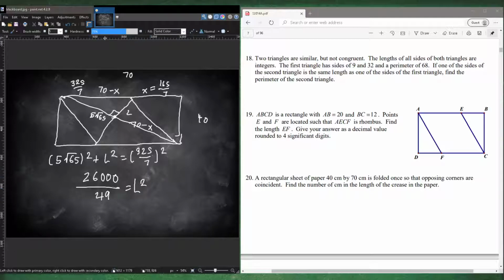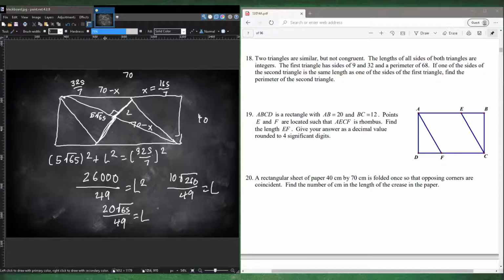So taking the square root of this would be 10 square root 260 over 49, and that is equal to our L. And now square root of 260 divided by 4 leaves us 65. So square root of 4 is 2, so that is 20 square root 65 over 49 is equal to L. So that is only half of it, so we want the entire thing for our crease.